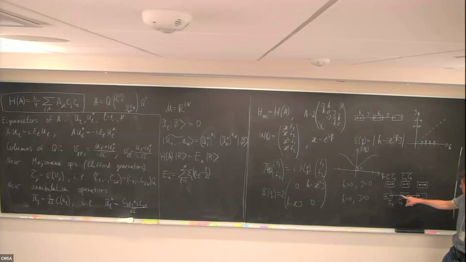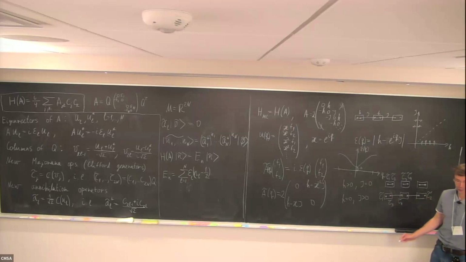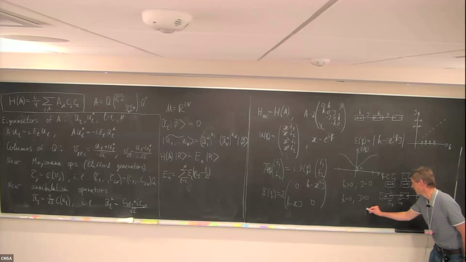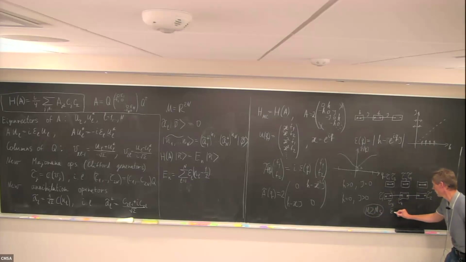But there are also two dangling Majorana modes at the ends, and they should be identified with C1 tilde and C2 tilde. And these are called Majorana zero modes. They correspond to epsilon 1 equal to 0.